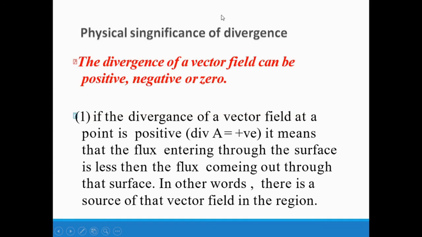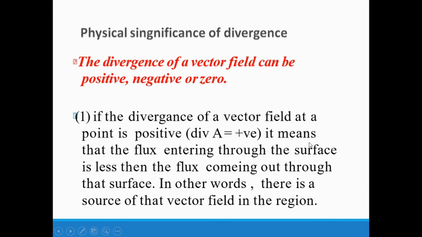Now if you see the physical significance of divergence, the divergence of any vector field can be positive, negative or 0. As I have just told, the divergence of any vector field is a scalar, and that scalar value will have only magnitude, which can be positive, negative or maybe 0. Suppose the divergence of a vector field at a point is positive, let us say div A is positive.